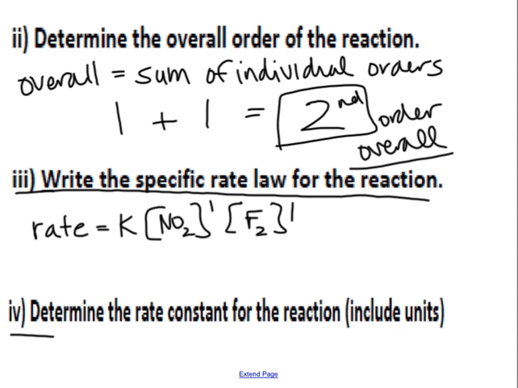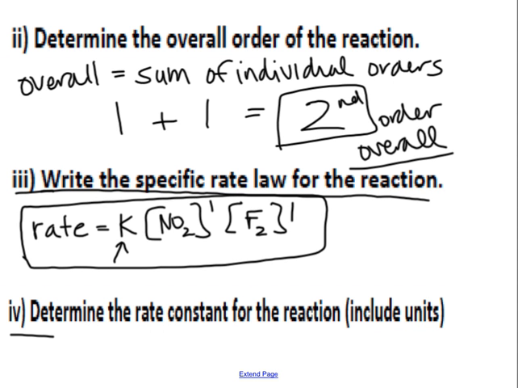A lot of students feel they need to solve for K, which we're going to do in the next question, and then they feel like they have to go back and put that value in. If they ask you to solve for K first, then you would put the numerical value in for K. But since the first thing they asked you here was for the actual rate law, you can leave K as a letter.